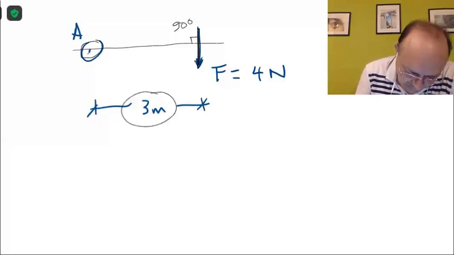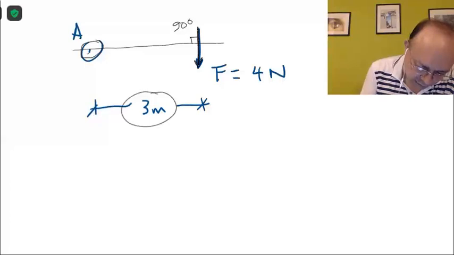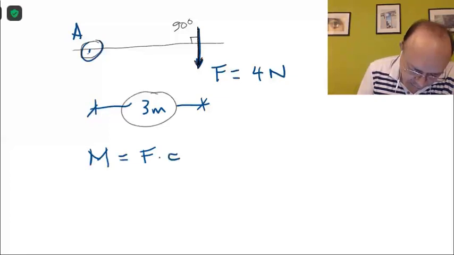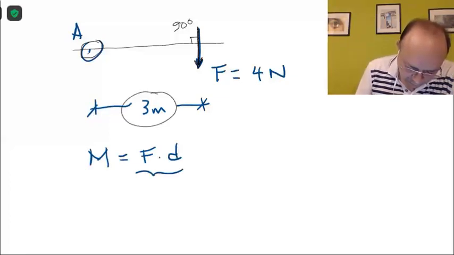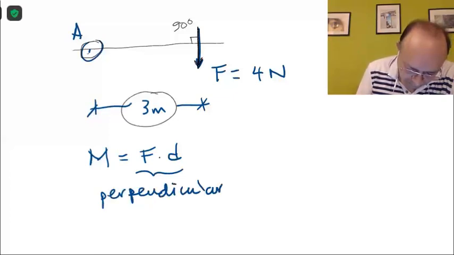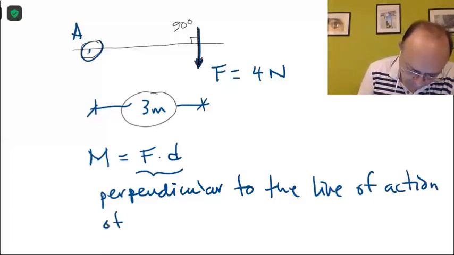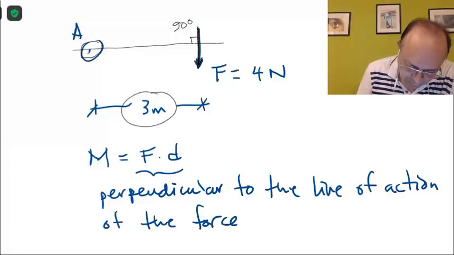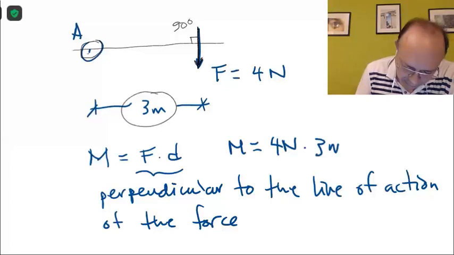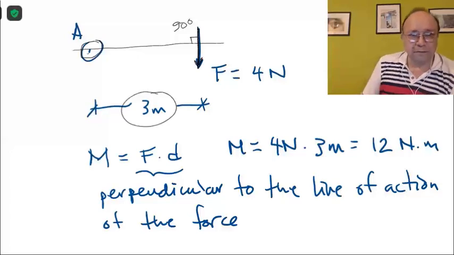That's the distance that we need in order to calculate the moment, because we heard the guy say moment is equal to force times distance, where distance is perpendicular to the line of action of the force. So the moment here is going to be 4 newtons times 3 meters, 12 newton meters. Easy enough.